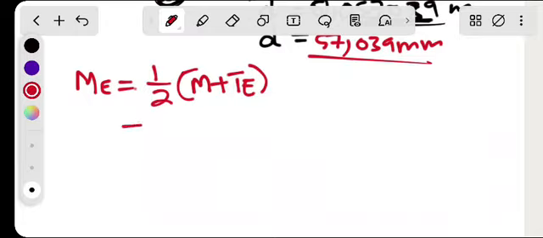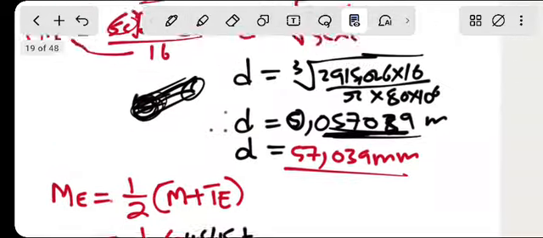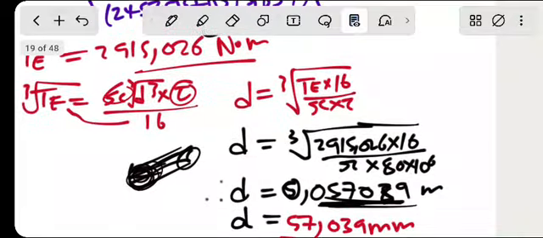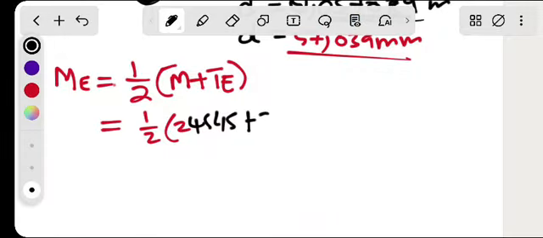Then we have now 1/2 of the maximum bending moment, the one that we've just calculated on the top, 2452.5, plus TE, the one we did calculate there on the top, 2915.026, like this.